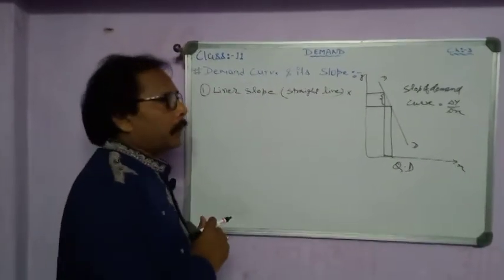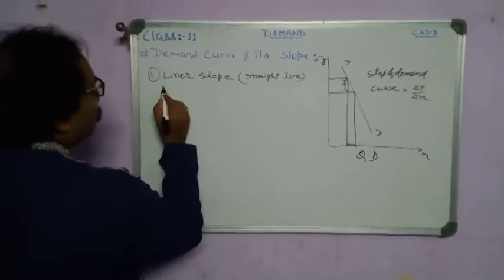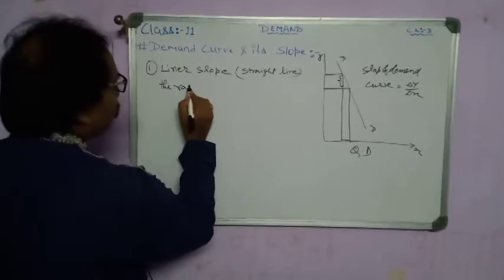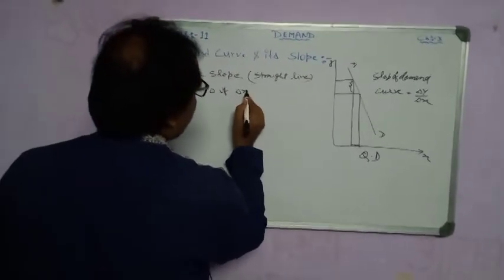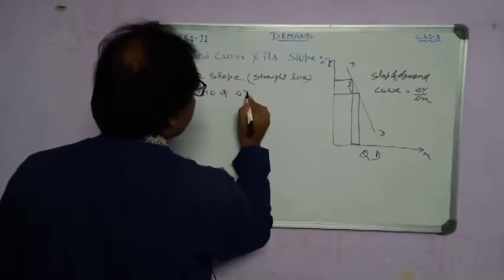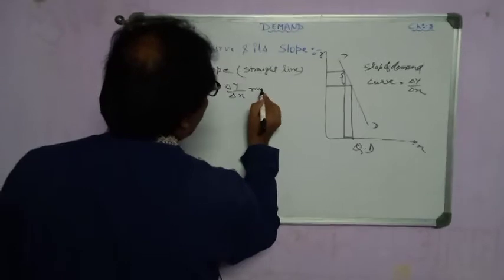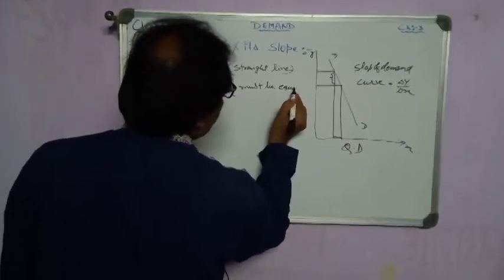It is not possible. To be a straight line, the ratio of delta y by delta x must be equal. Must be equal. This is most important.